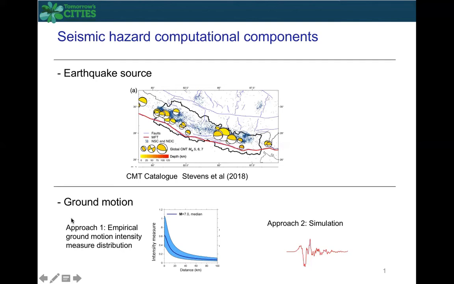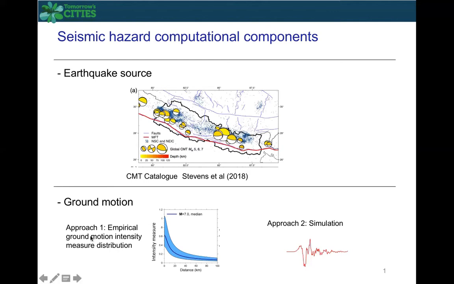In terms of ground motion modeling aspects of seismic hazard analysis, we can utilize, broadly speaking, two different categories of ground motion models. The first conventional approach is the empirical ground motion models, where we can estimate the distribution of ground motion intensity measures for a given configuration of source, site, and path effects.